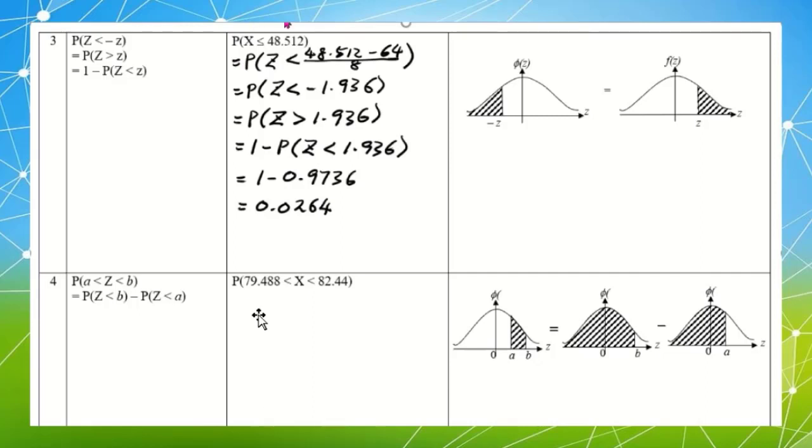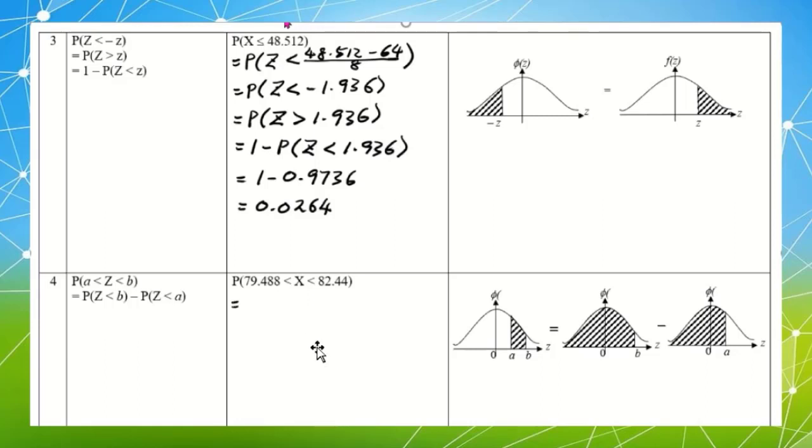Now let's look at this example. Here I want to find the probability x greater than 79.488 and less than 82.44. So first, I'm going to change x into z by using the formula where z is equal to x minus mean 64 divided by the standard deviation 8.